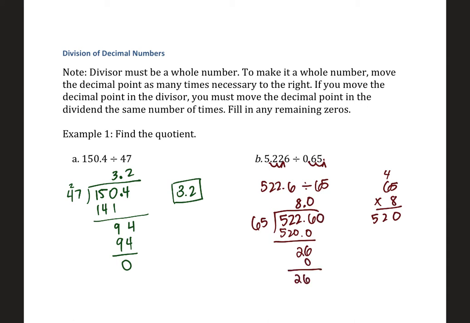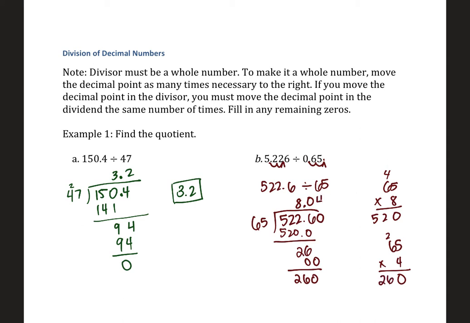When I have this decimal, I can add zeros at the end. 260 divided by 65. I know 6 times 4 is 24, so 60 times 4 is 240. So I'm going to try multiplying 65 times 4 to see what it gets. 4 times 5 is 20, sorry. 4 times 6 is 24 plus 2, 26, perfect.